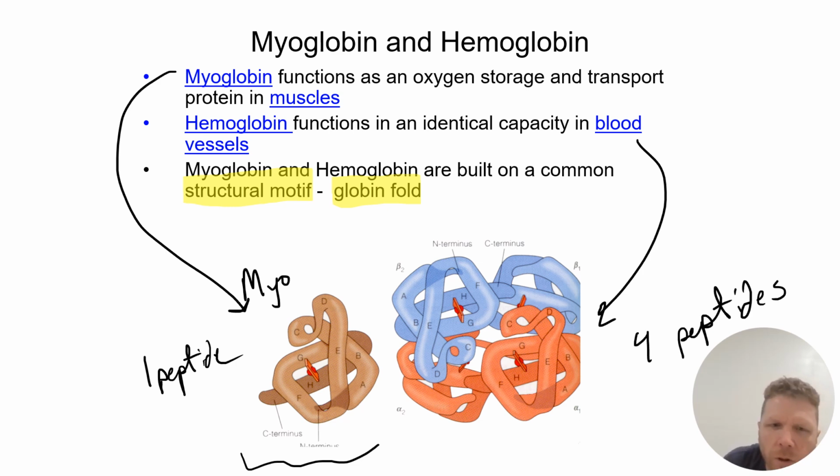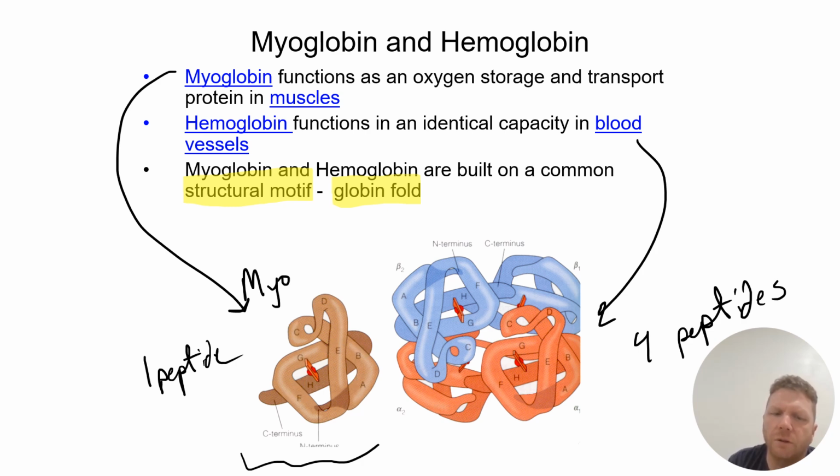So when we look at myoglobin, we have A, B, C, D, E, F, G, and H. Now that's not really a complicated thing to dissect in terms of letters and knowing what they are, but what's a little bit challenging about this is understanding what that means.